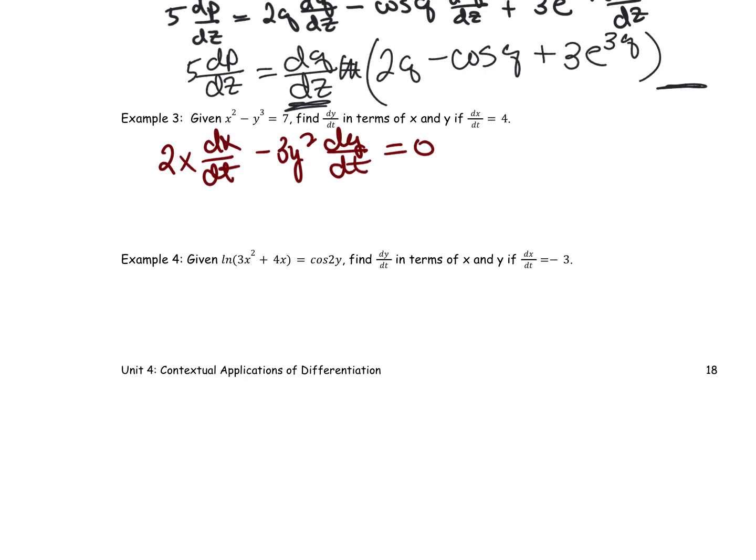Do you notice out here that they tell you dx dt, the derivative of x with regard to t, is 4? Do we have a dx dt somewhere in there? So therefore, we can go ahead and replace dx dt with 4. Oh, that's minus, sorry.